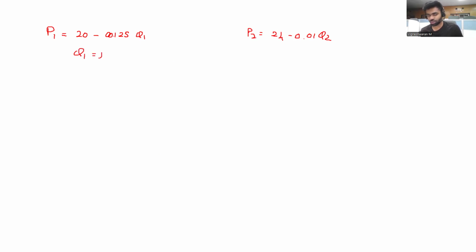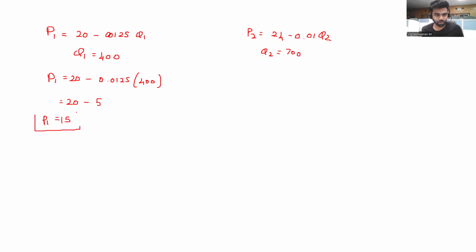So Q1 is equal to 400. Q2 is equal to 700. So P1 is equal to 20 minus 0.0125, right? Yes. 0.0125 into 400 is equal to 20 minus, so 0.0125 into 400. So that will be 5. So P1 is equal to 15.